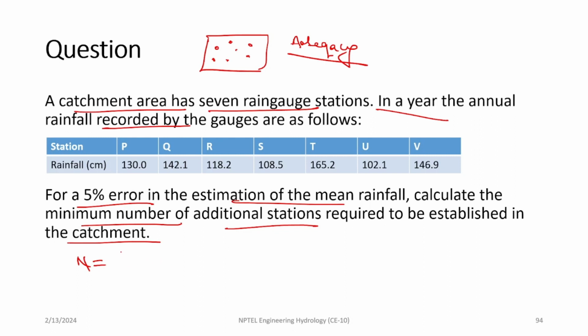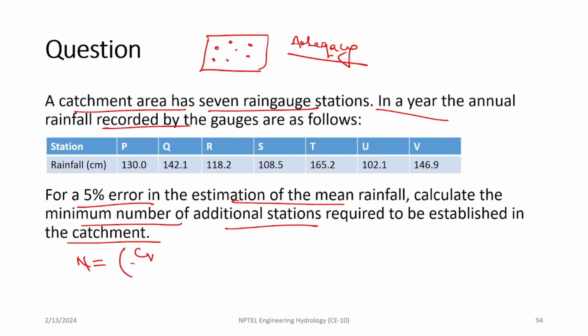If we want to calculate the number, then definitely we should calculate the coefficient of variation. Variation in what? Variation in the rainfall, and that will depend on the standard deviation of the rainfall, how the rainfall values at different rain gauge stations vary from the mean value.